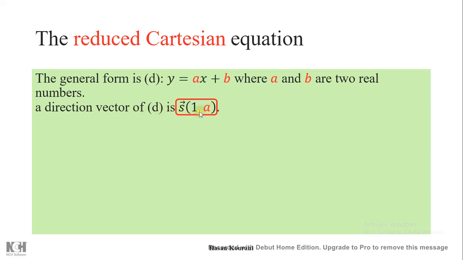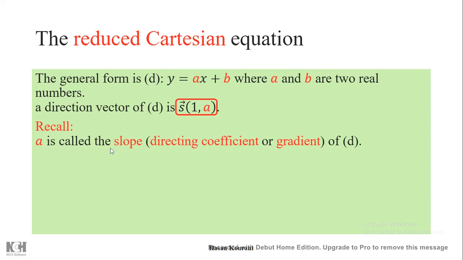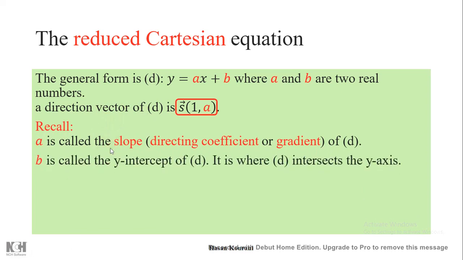You have to memorize it: 1 and a, where a is the slope of the straight line. It's always 1 with a. This is a direction vector. Recall a is the slope of D, and b is called the y-intercept, as we saw before.